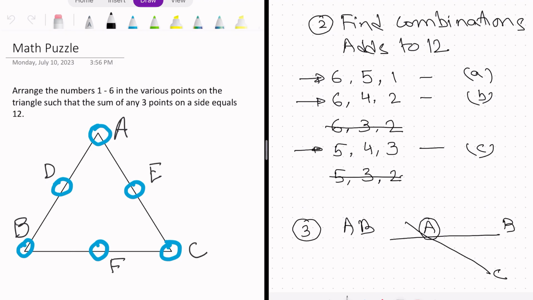So if I look at this line and this line, I see that there is one common point of intersection.